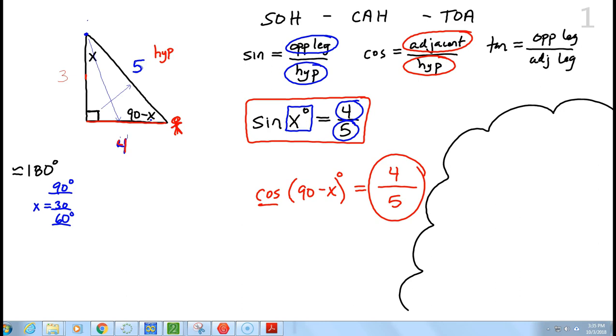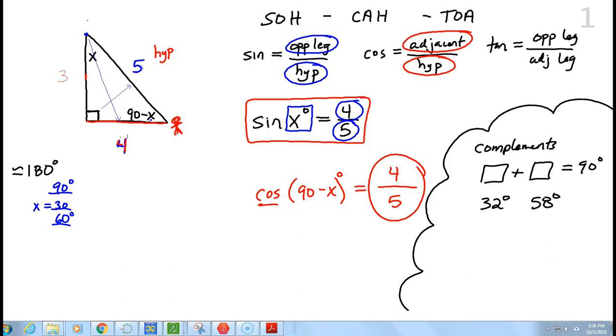It's always true that if two angles are complements, meaning something plus something equals 90 degrees, that's what complements are. For instance, 32 degrees, and the other one would be 58 degrees. These two numbers are complements.